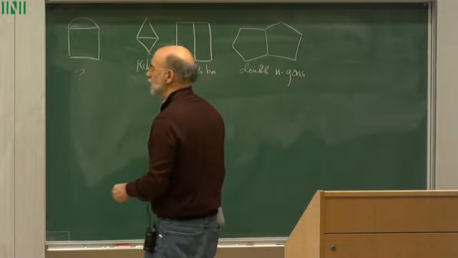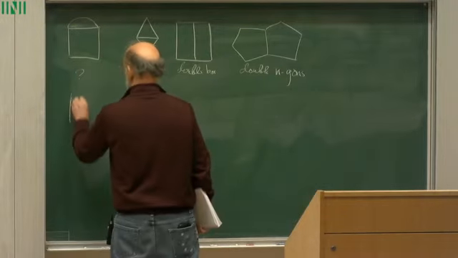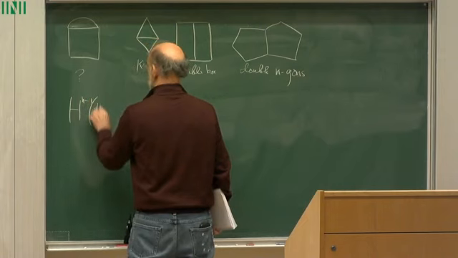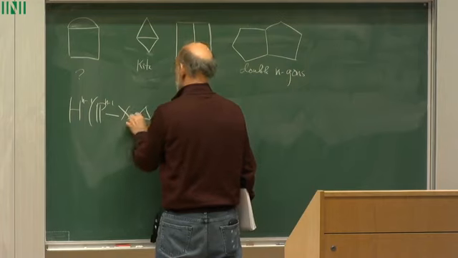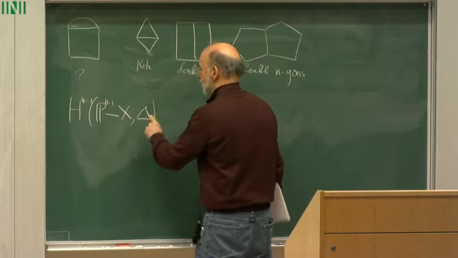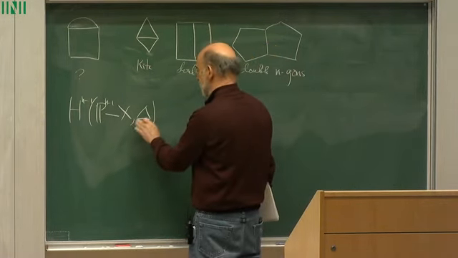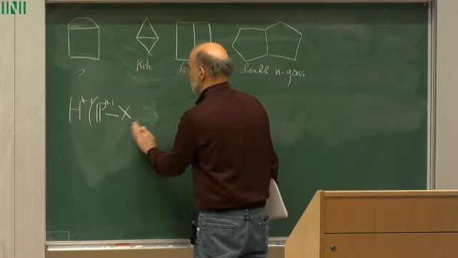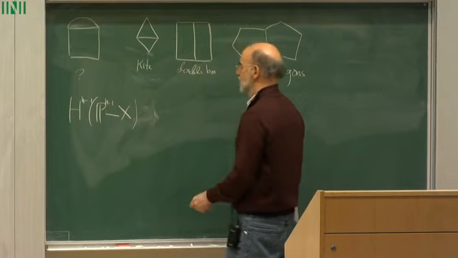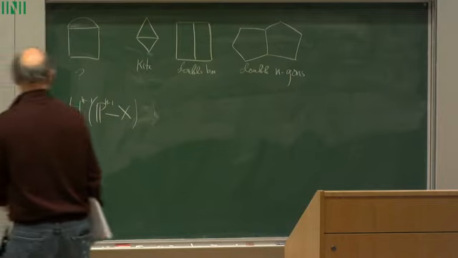And if we look at the picture here, we have H_{n-1} of P^{n-1} minus X relative to delta. Well, if we want to analyze this motive, the delta is sort of secondary. So let me simplify my life by first looking just at that. That's sort of an approximation to the geometry that we want ultimately to get.